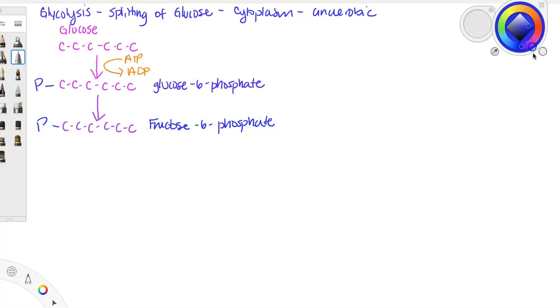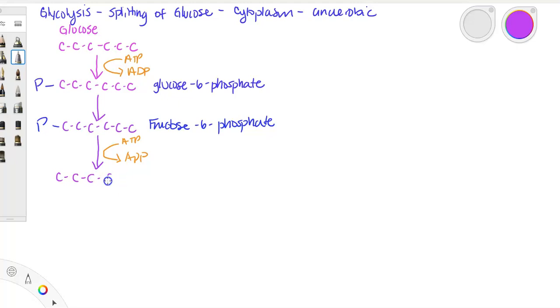Once we get to fructose 6-phosphate, we grab another ATP, take the phosphate, and stick it on this glucose. So now we have this.